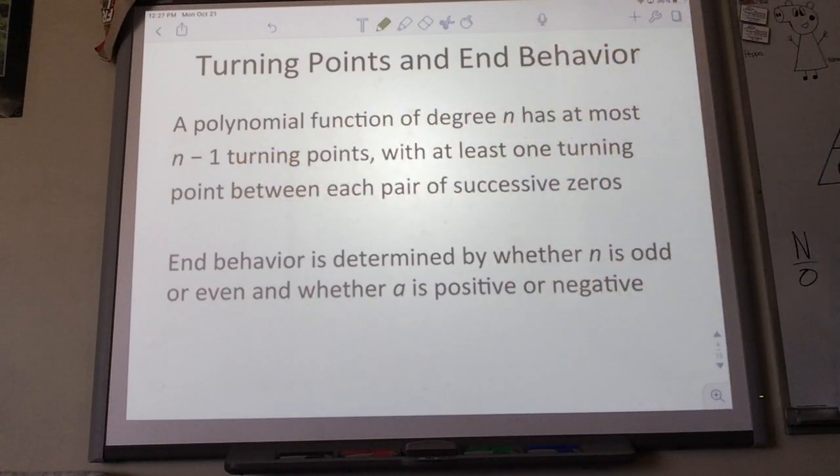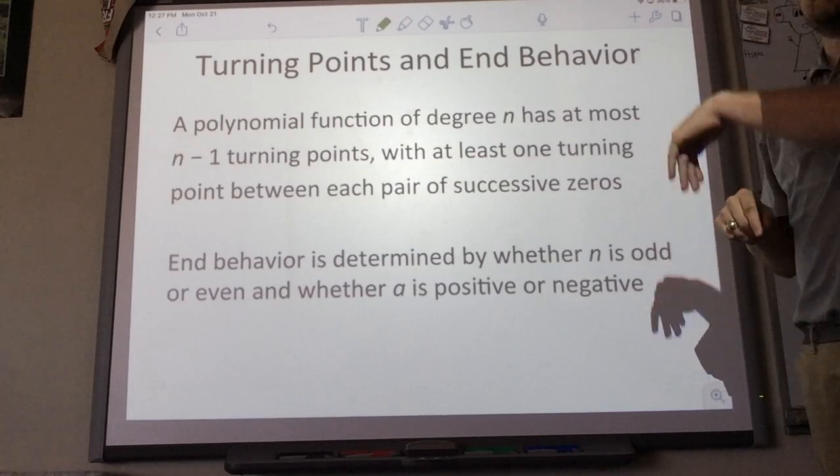So if it's to the degree of 4, there are 3 turning points, with at least 1 turning point between each pair of successive zeros. All that means is when you find your zeros, there's going to be a turning point between those. If there's 2 zeros here, it's going to turn and come back. Okay? Because it can't go back to the x-axis without turning around.